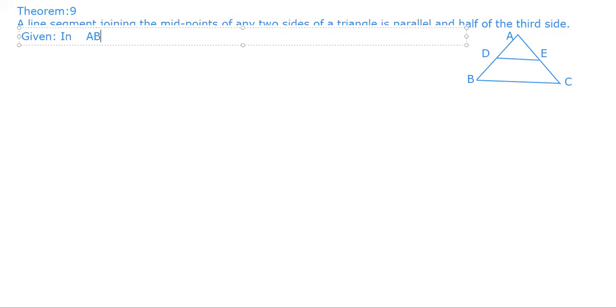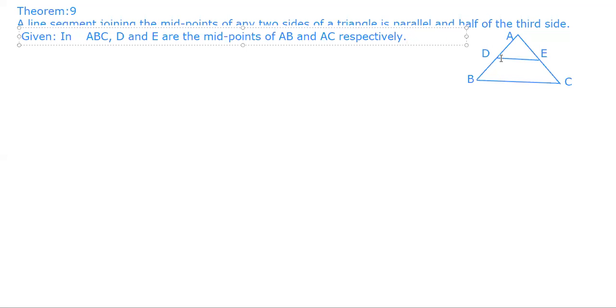In triangle ABC, D and E are the midpoints of AB and AC respectively.